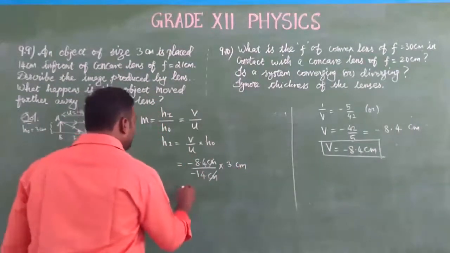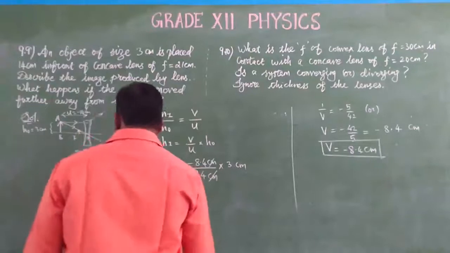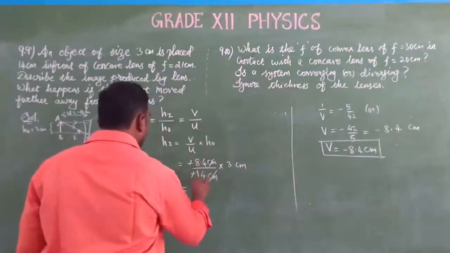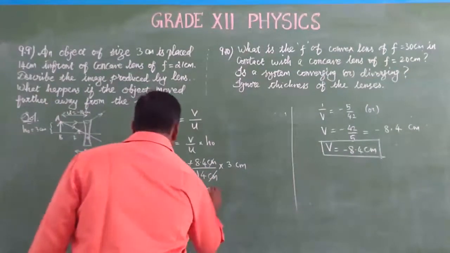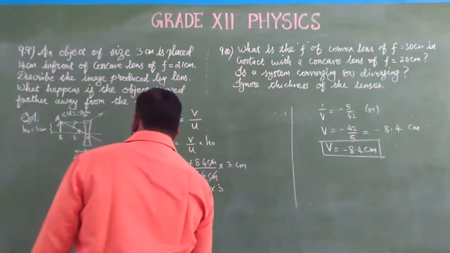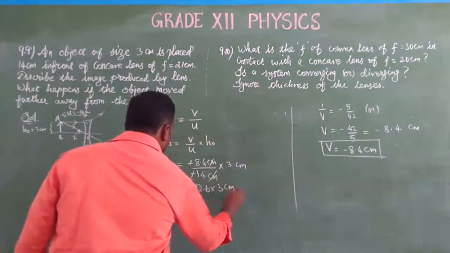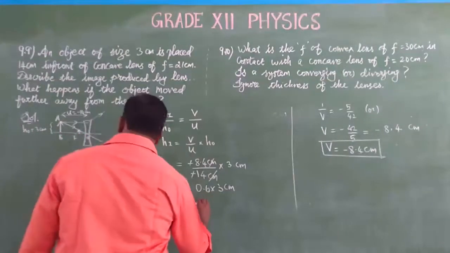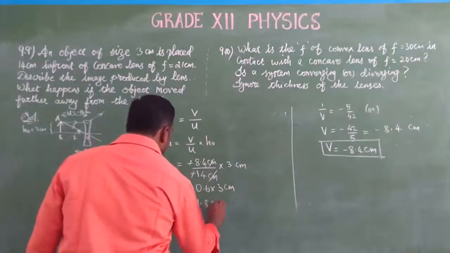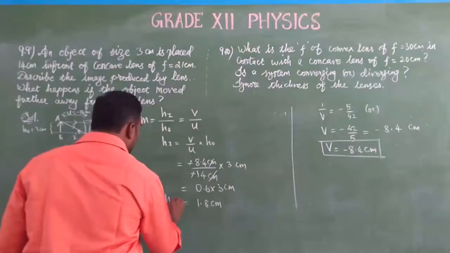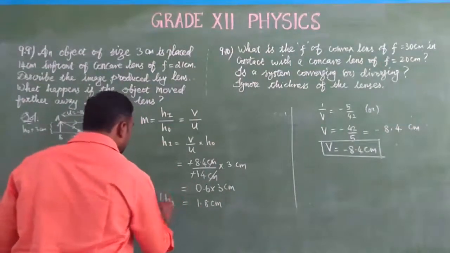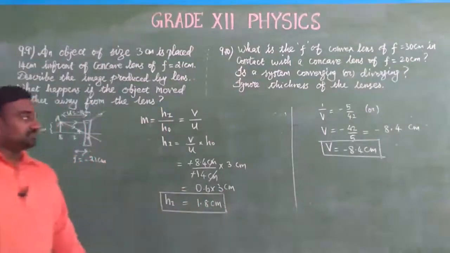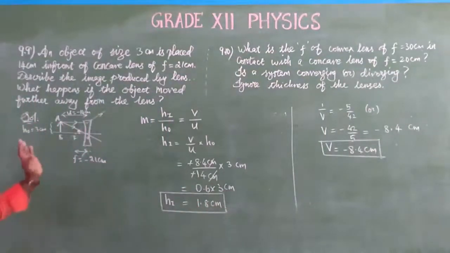After cancelling, the height of the image is 8.4 by 14 times 6, which is 0.6 into 3, so 1.8 millimeter. Therefore, the height of the image will be 1.8 millimeter. So this is the right answer.